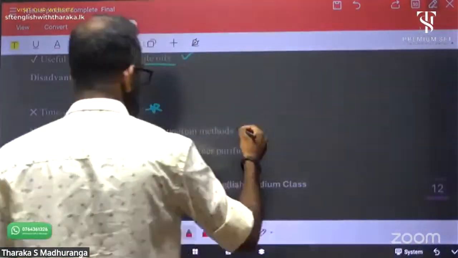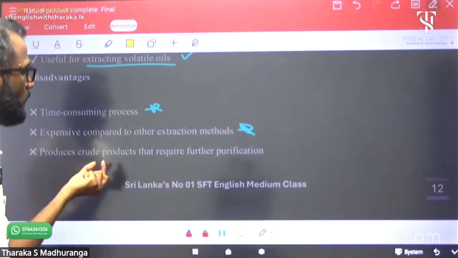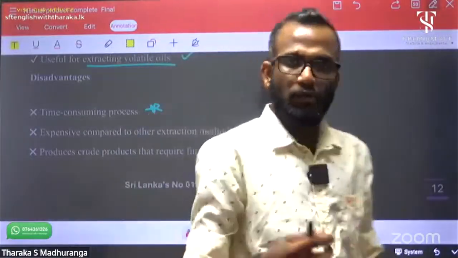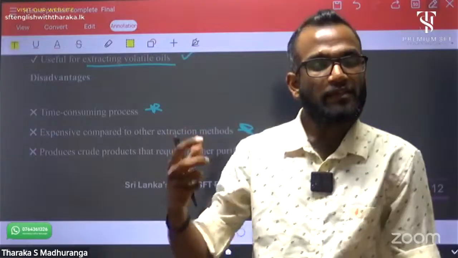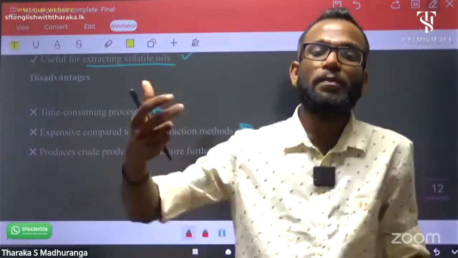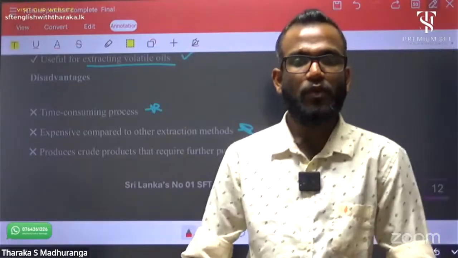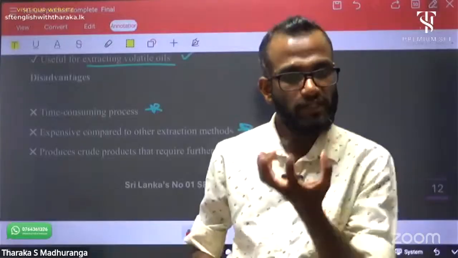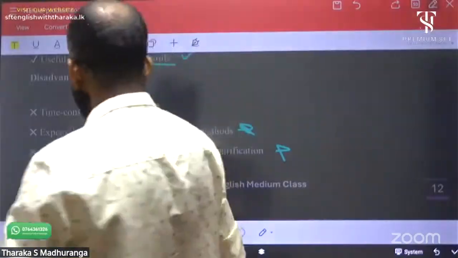It's comparative. It produces a crude product that requires further purification. Still, it is a little more purified than solvent extraction, because there is no carbohydrate or protein, only secondary metabolites with a small amount of impurities.